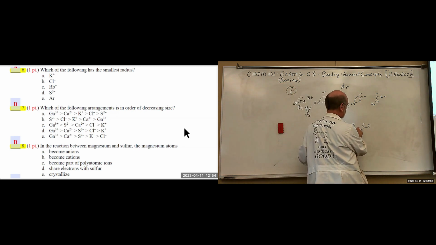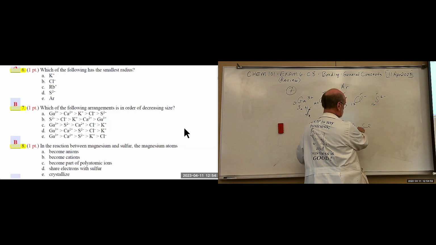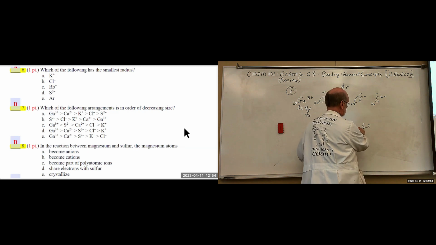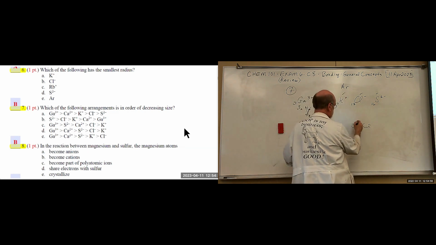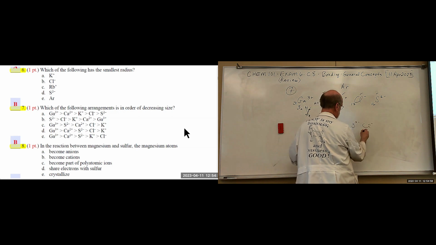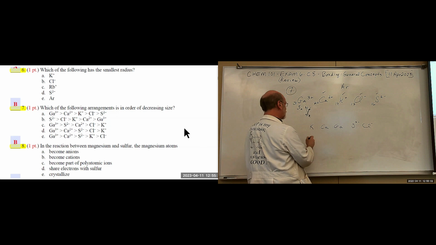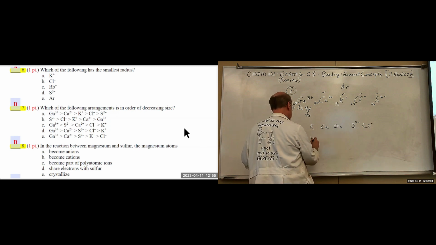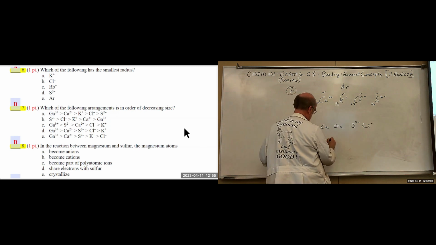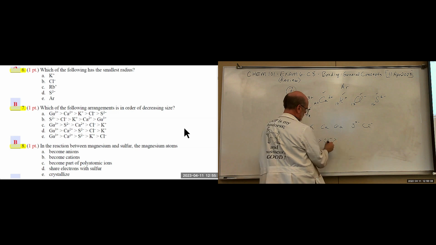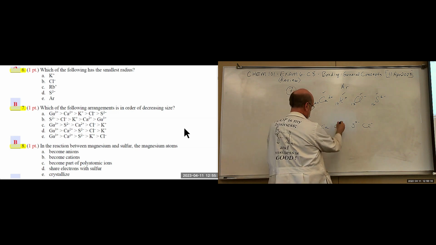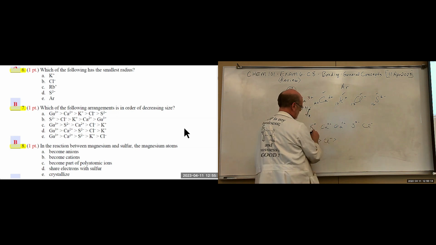So they're going to balloon out. So these two, because they're charged, could be the larger ones. So I would put sulfur first, chlorine next, and then I'd go after these guys. This one with a 3+, this one with a 2+, this one with a 1+.